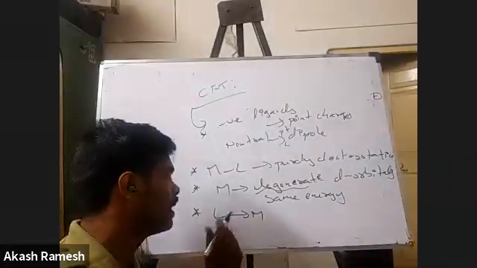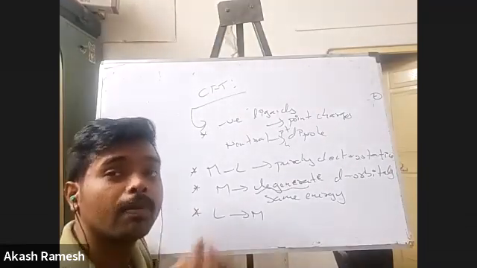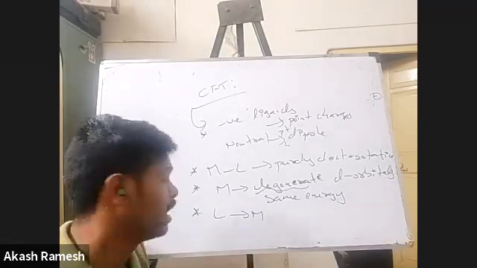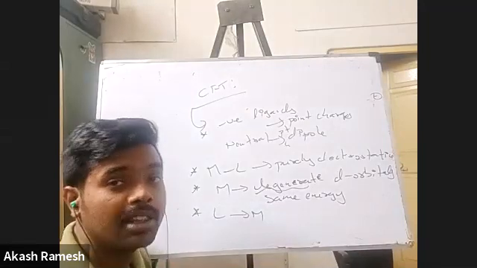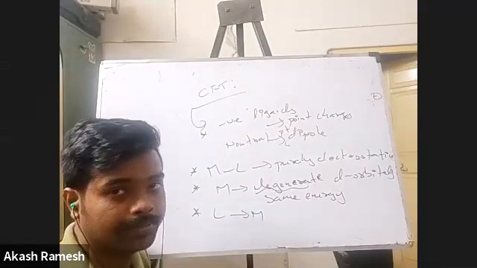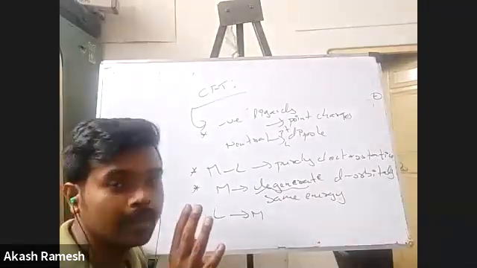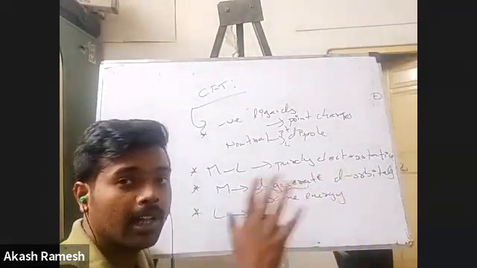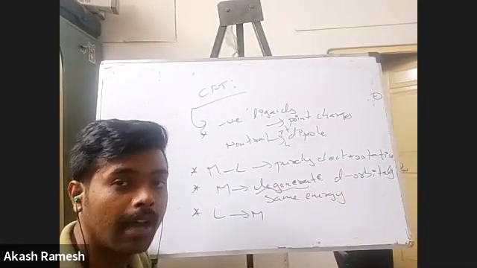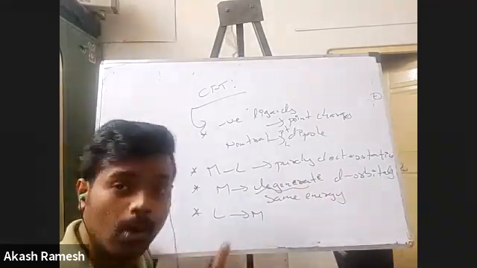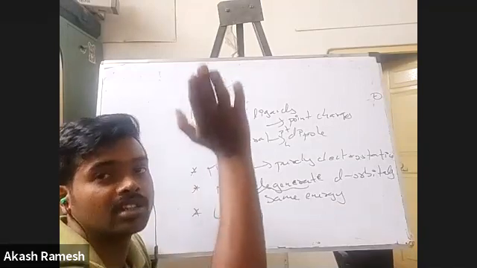Now when the ligand is approaching the metal, the repulsions come into the picture, repulsions between the electrons of the ligand and the electrons present in the metal. As long as the ligand is a little far away, all the 5 d orbitals will experience the same amount of repulsion. Since all of them experience repulsion, their energy is increased.